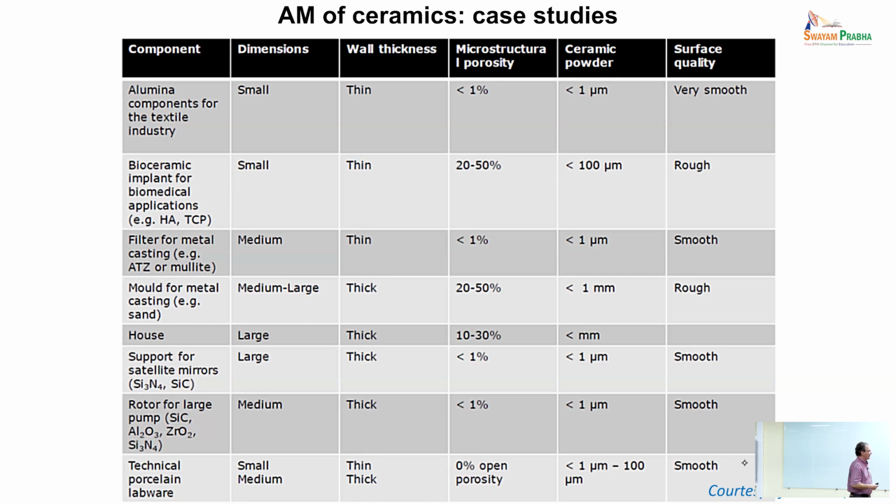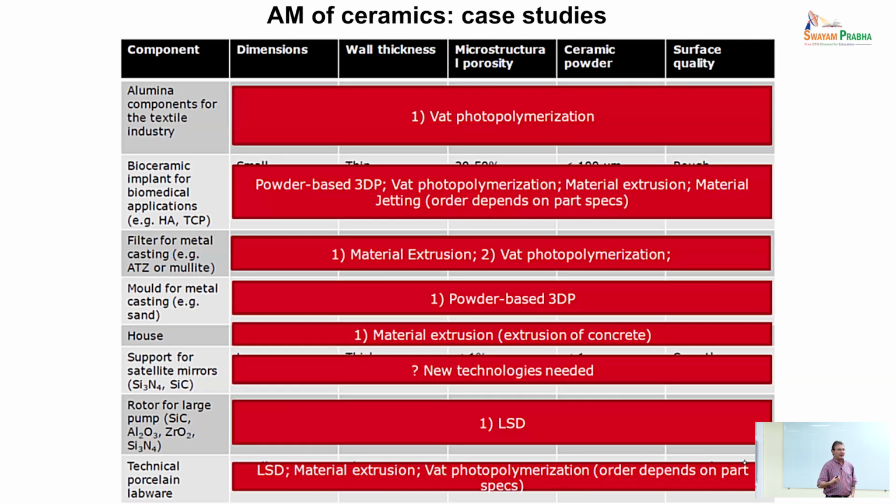I don't need to read aloud all these comments, but you can see that depending on the application, you have specific requirements or desires in terms of dimensions of the part, in terms of the wall thickness of the part, in terms of the microstructure, dense or porous, for the solid component. And you're using ceramic powders that are fine or coarse, and you have different requirements in terms of surface quality. So the next step is to match these requirements with the technology that you're going to use for making these parts.